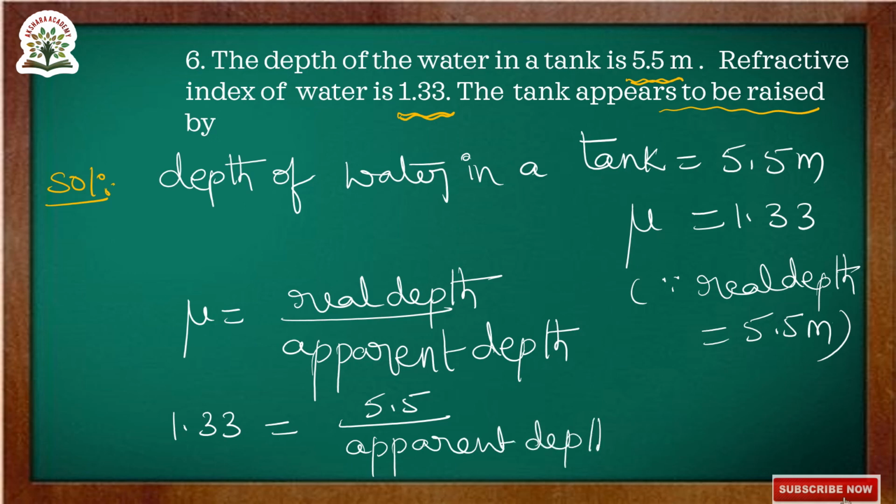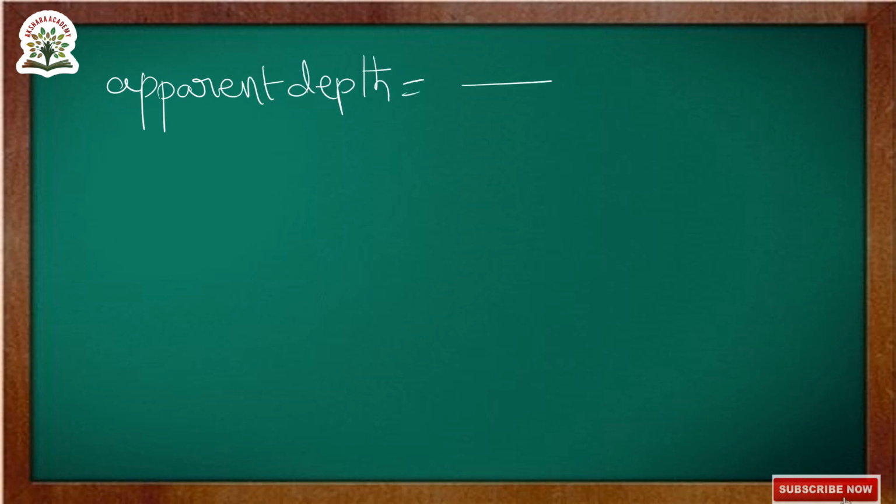We have to calculate apparent depth. Apparent depth is equal to 5.5 by 1.33. So that is equal to 4.135. This is the apparent depth.